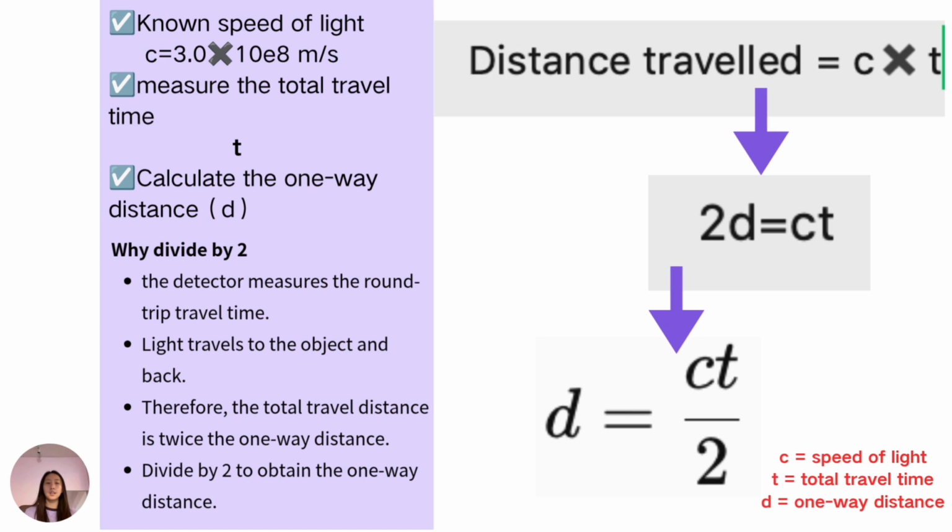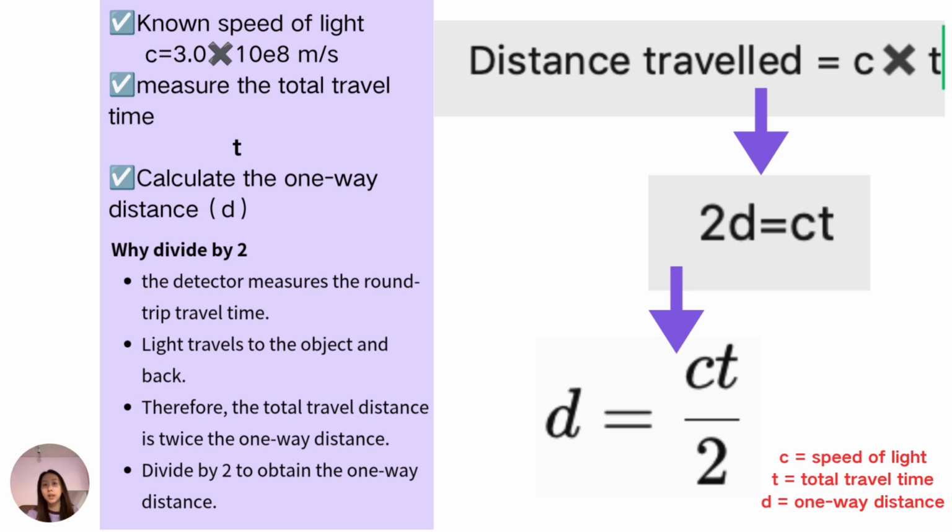So the distance is doubled. The light travels twice the distance, and if we do not divide by 2, our answer will be 2 times too large. This is why the distance is speed times time, divided by 2. Here C is the speed of light, T is the travel time, and D is the real distance.